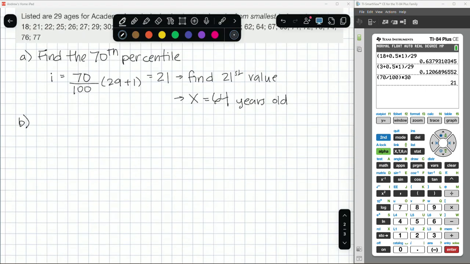We're going to find the 83rd percentile. So which age corresponds to the 83rd percentile? Same process. Location in the list is 83 over 100 times sample size plus 1.